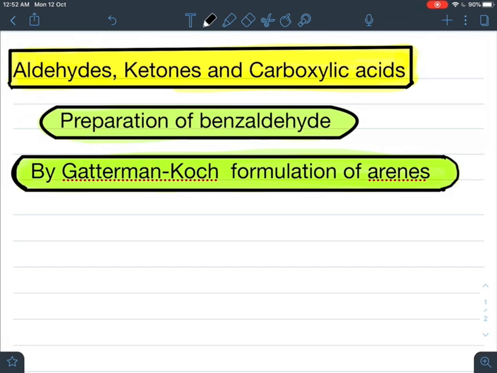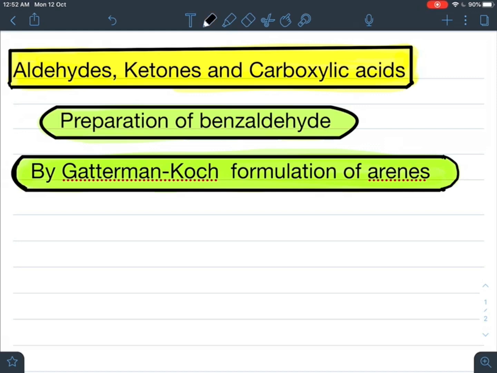The next method for the preparation of benzaldehyde is by Gattermann-Koch formylation. By Gattermann-Koch formylation of arenes, we can prepare benzaldehyde. How does the reaction take place? Let's see.